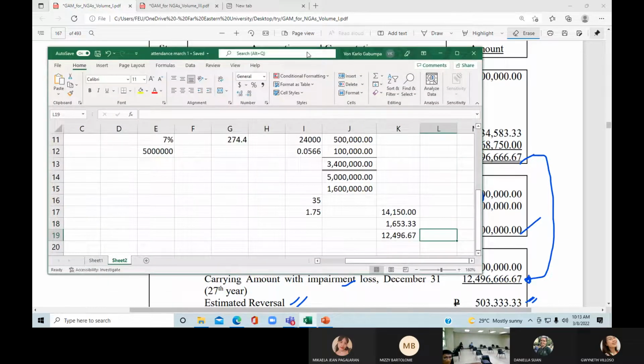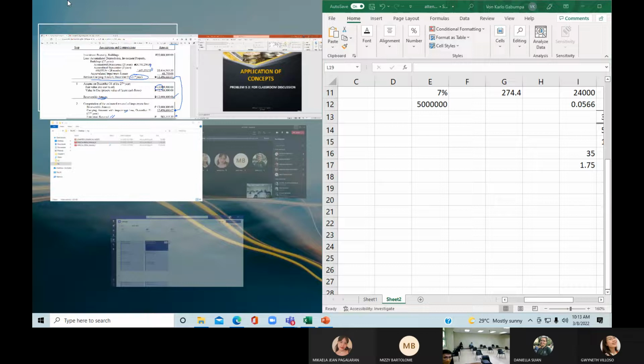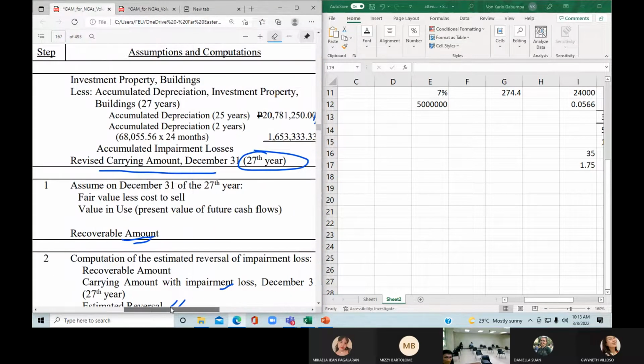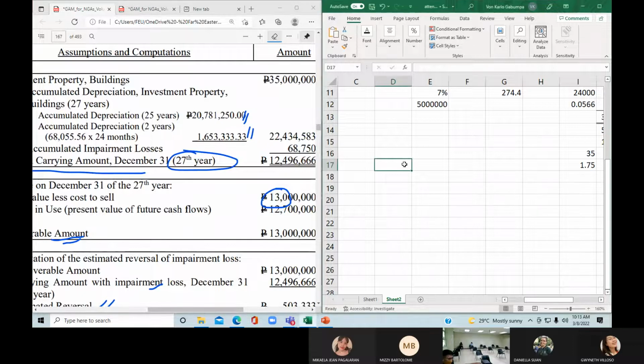20,781,250, divide natin sa 25 years. Times mo ngayon ng 27 years.